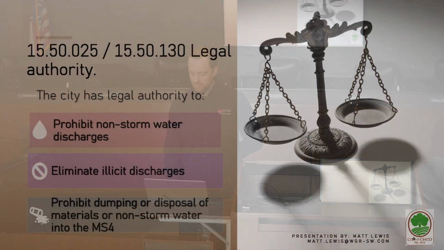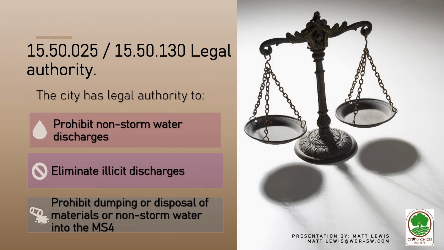Legal authority, very important. Okay, so the city has the authority to prohibit non-stormwater discharges, eliminate illicit discharges, and prohibit the dumping or disposal of materials or non-stormwater into the MS4.